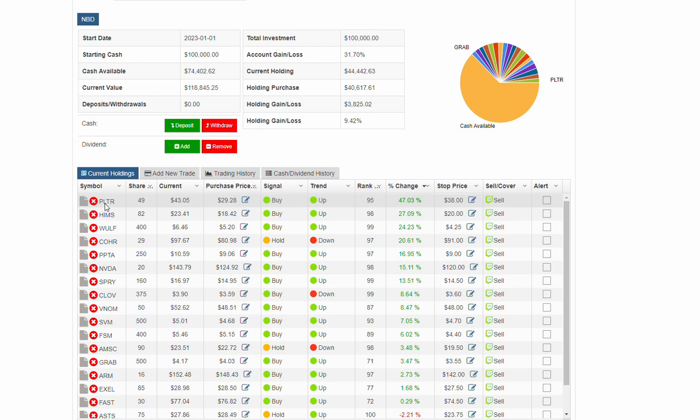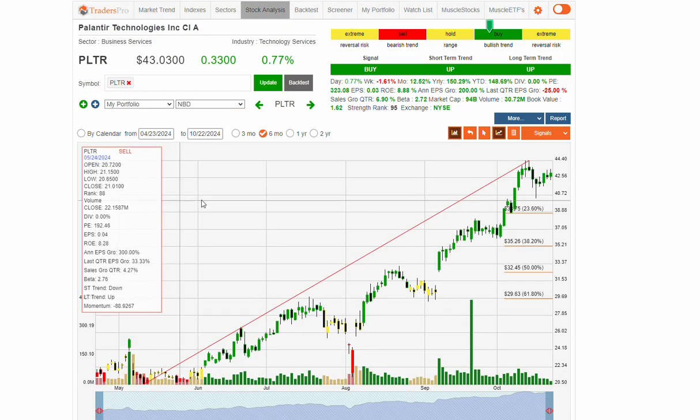We had actually two sales out of PLTR because it's hit both 20% and 50%. And so now we're basically out of 50% of our position in PLTR and we're trailing the rest. Okay, so we got in either back here or right here. It's continued to move higher. We sold into strength along the way up. Now it's kind of house money, so to speak.